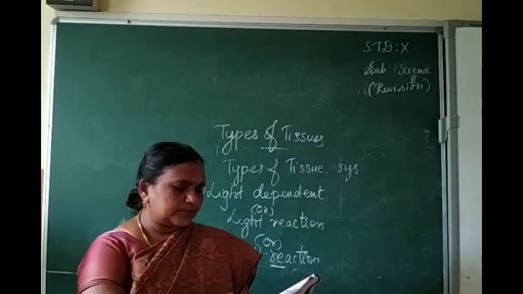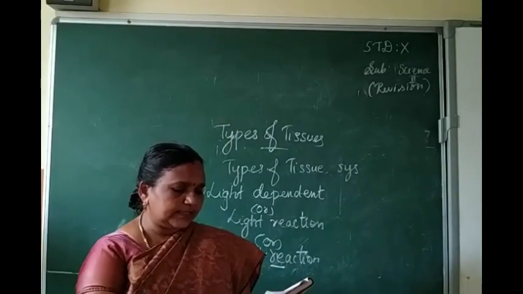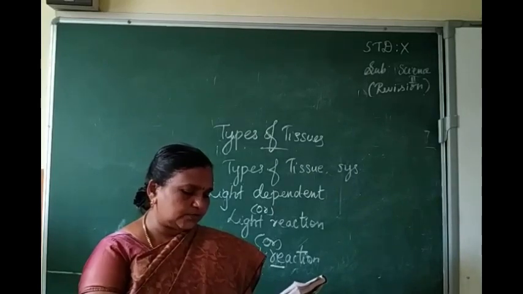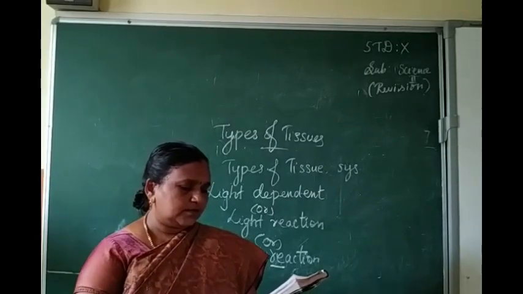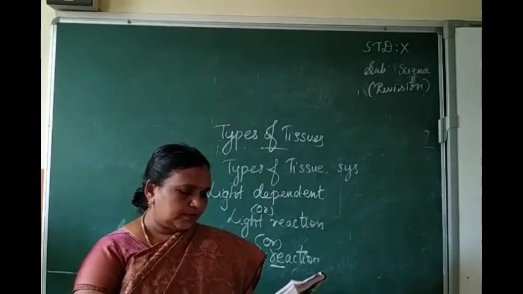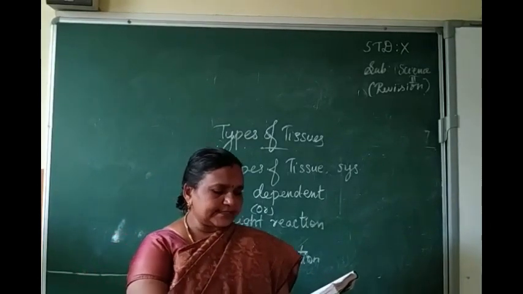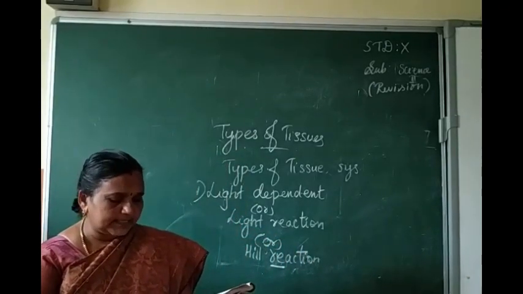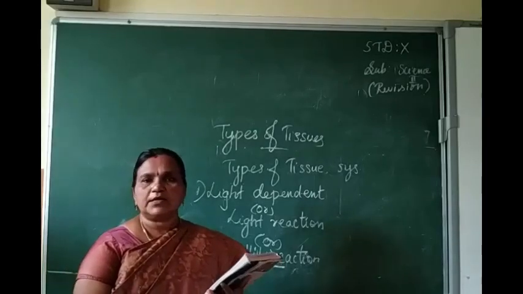Next page. The full forms of ATP, ADP, NAD, NADP, you also have to learn: adenosine triphosphate, adenosine diphosphate, etc. Then one more question, with information given in the bracket. The cell cannot get its energy directly from glucose.